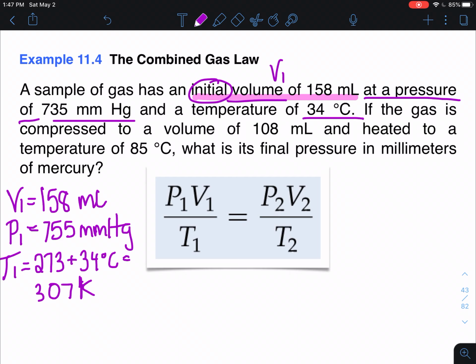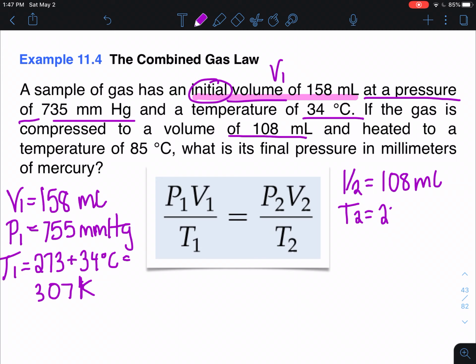If the gas is compressed to a volume of 108 milliliters, that's going to be my V2, and heated to a temperature of 85 degrees, that's my T2.